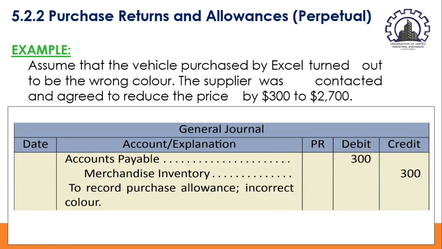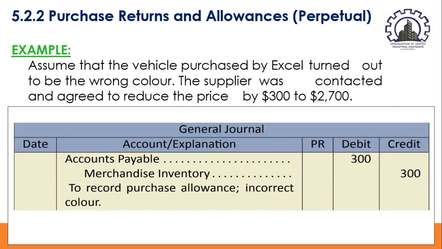Now, the amount of the allowance or reduction is recorded as a credit to the merchandise inventory account as follows. You can see on the general journal entry. Take note that the cost of the vehicle has been reduced to $2,700, right?